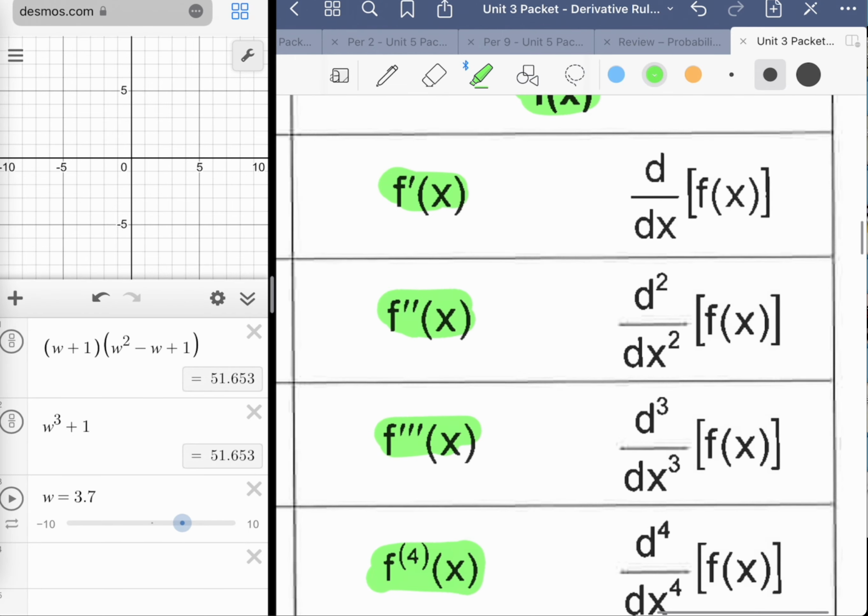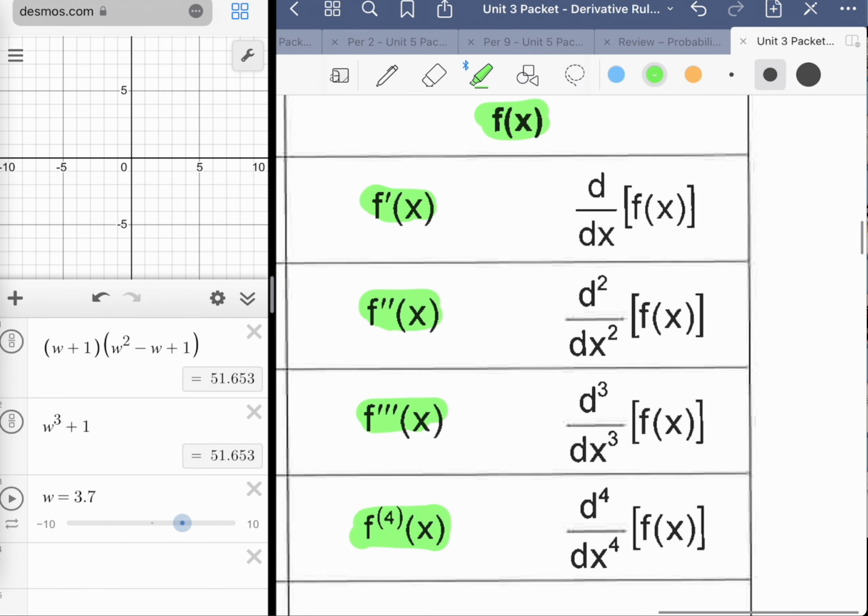But this other notation here can also be kind of funky. When we say d over dx, what we're saying is the derivative of some unknown function with respect to x per unit of change in x.